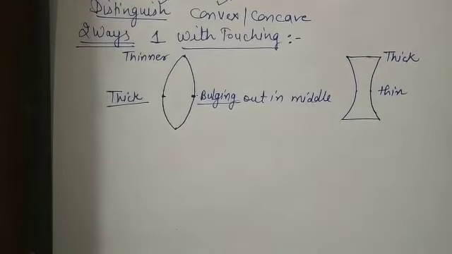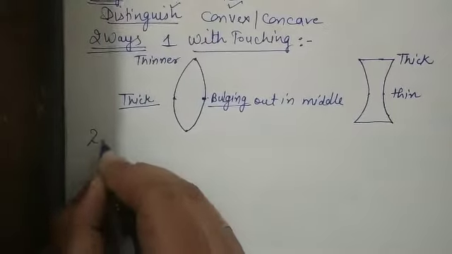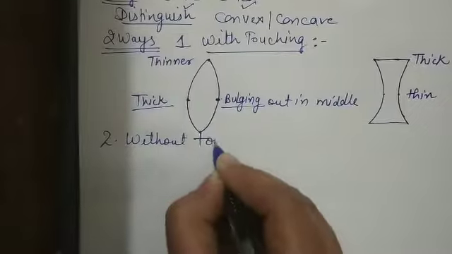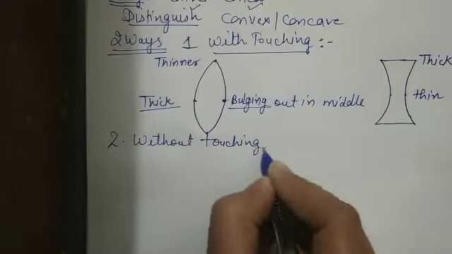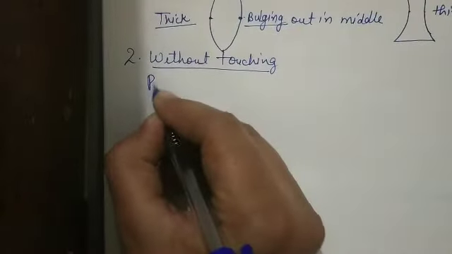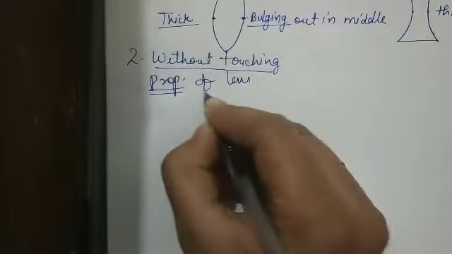So now second way is how to distinguish between convex and concave lens without touching. Without touching, it depends upon the properties of convex and concave lens.